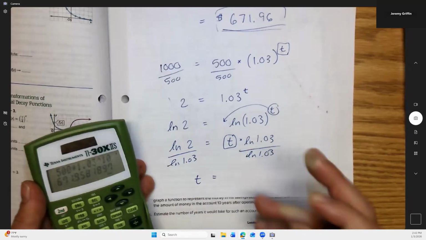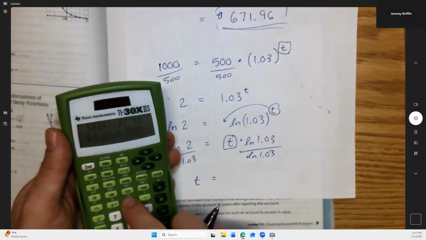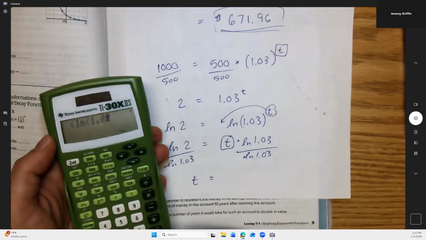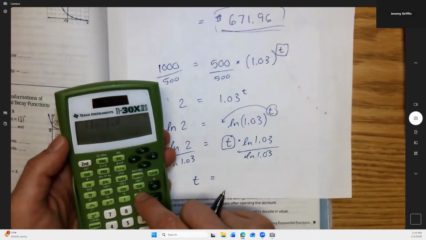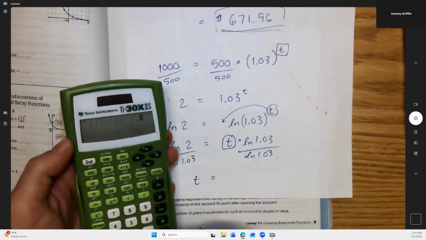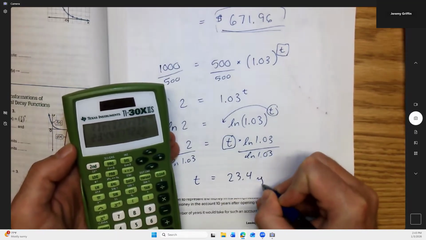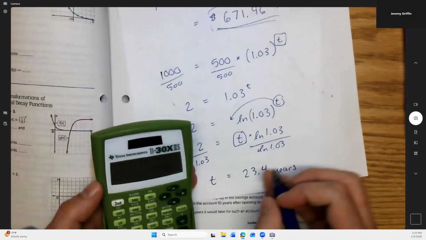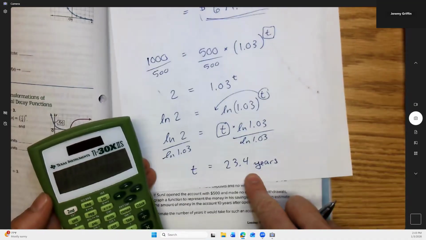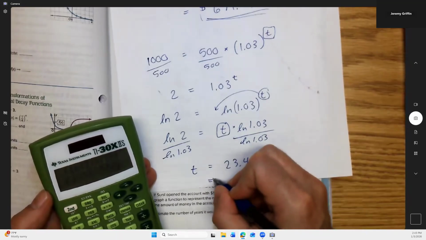So the time would be, let's get an exact answer on this, 2 divided by natural log 1.03. Looking at about 23.4 years. Now, if it's only being compounded at the end of every year, that'd be 24 years, wouldn't it?